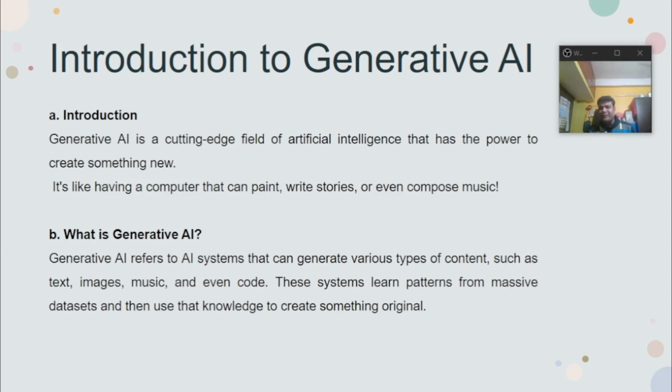It can generate various types of content such as text, images, video, music, and even programming code. These systems learn patterns from massive datasets.